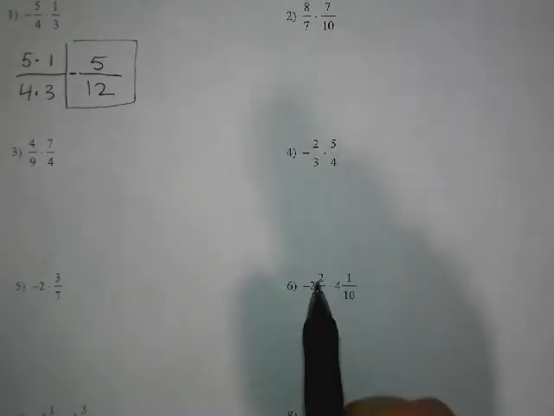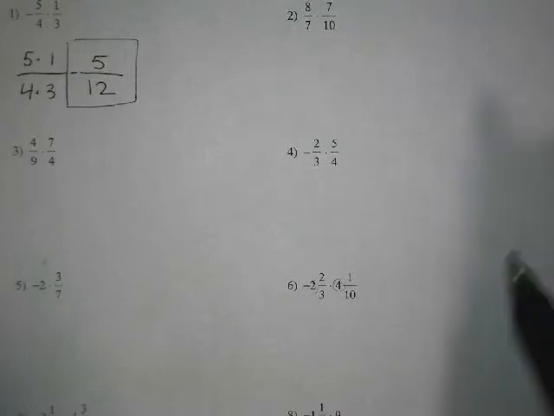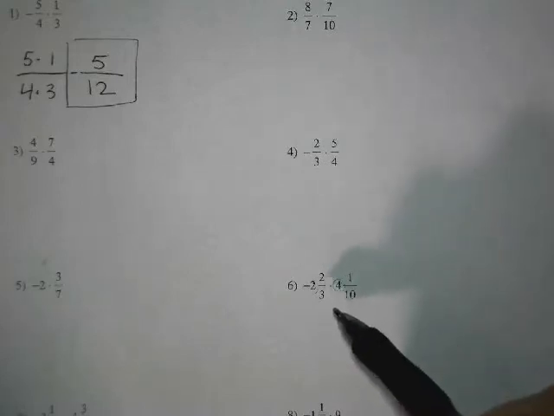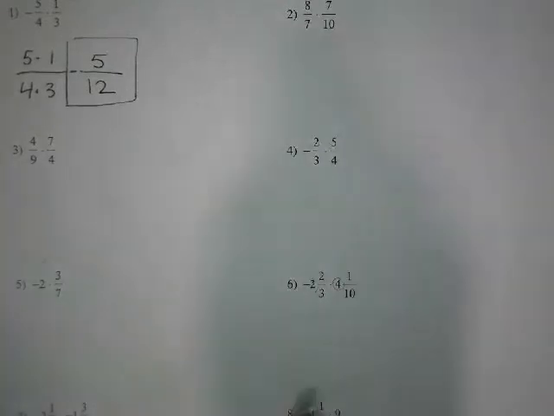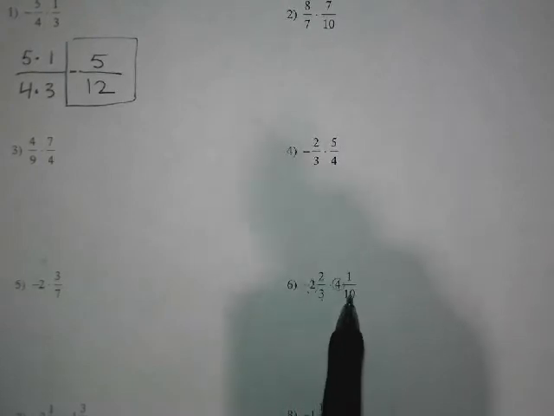So we've got a whole number in front of our fractions here. And what we need to do is multiply the whole number by the denominator in each of these mixed numbers to create fractions. So we're going to multiply.